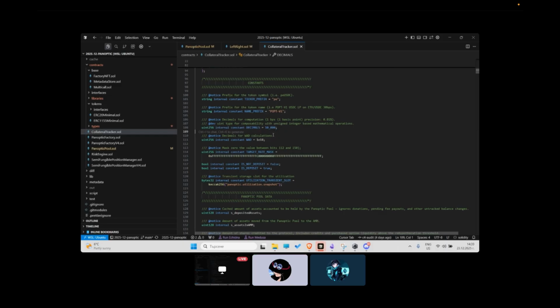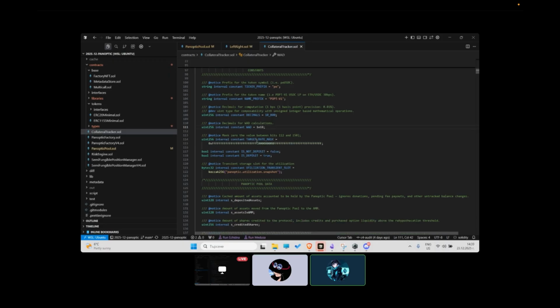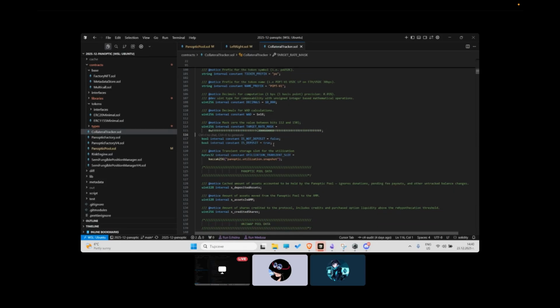Mask, the value between bits. How are we going to know? Is this mask really bits 112 to 150? How are we going to know?